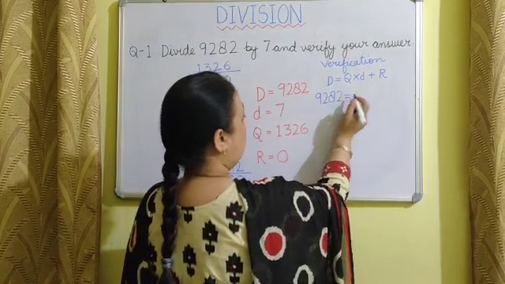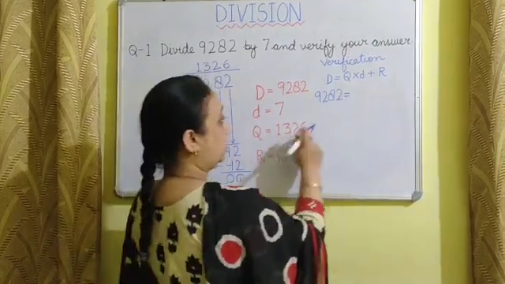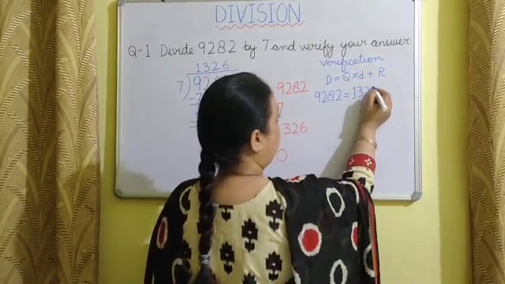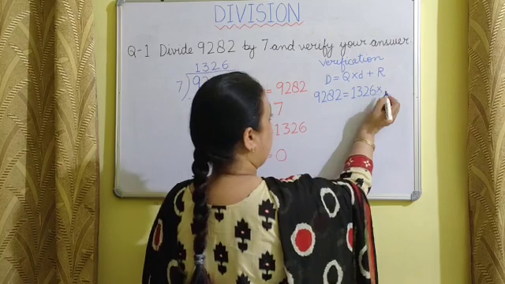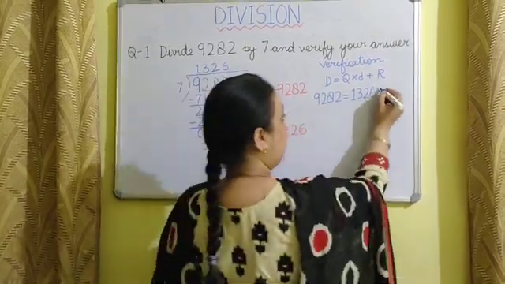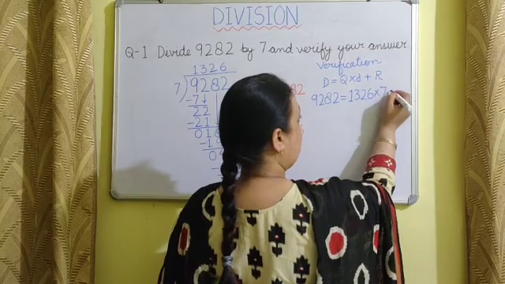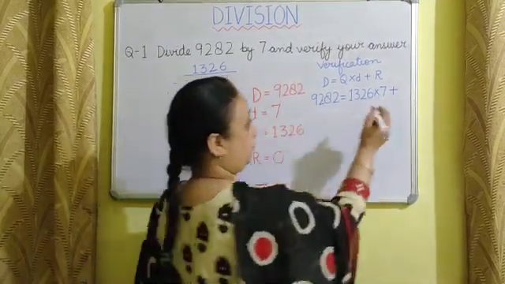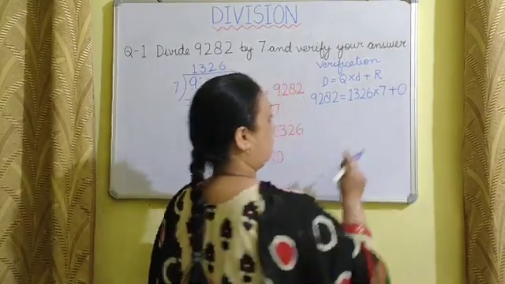That will be equal to our quotient 1326 multiplied by our divisor 7, plus our remainder, which is 0 here. So we'll write 0.